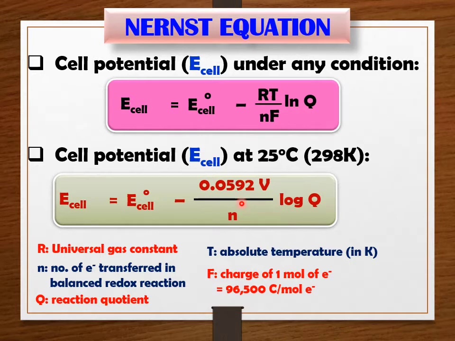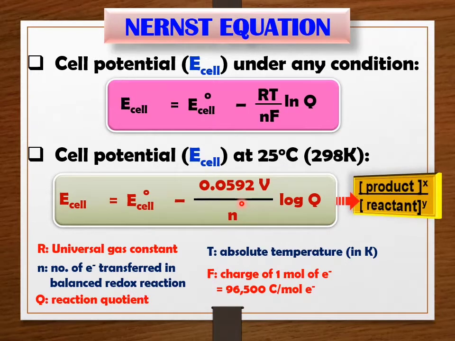Actually, Q you have met in class last semester in chapter 6, the reaction quotient, which is the concentration of product to the power of x, depending on the balanced equation, divided by the concentration of reactant to the power of y. This also depends on the coefficients in the balanced equation.